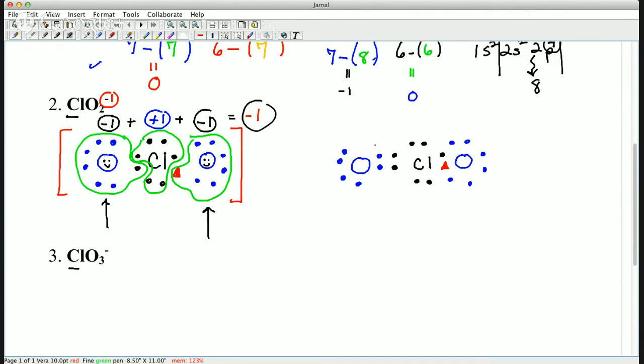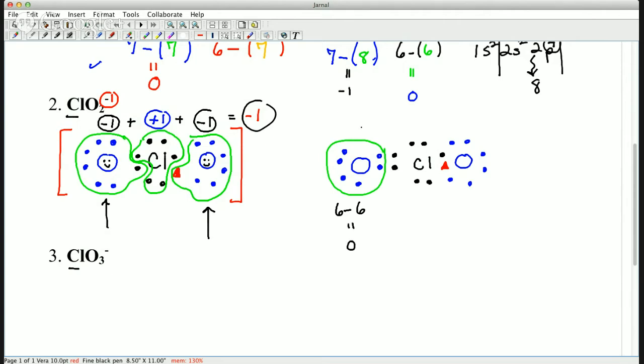Counting our formal charges here, very simply, I have half of my bonding. Okay, and you can see by doing this, I got 6 minus 6. It gives me a formal charge of 0.